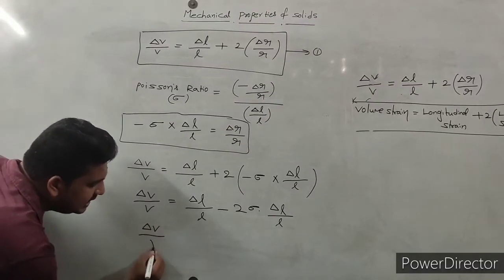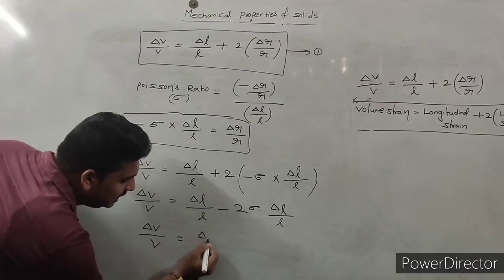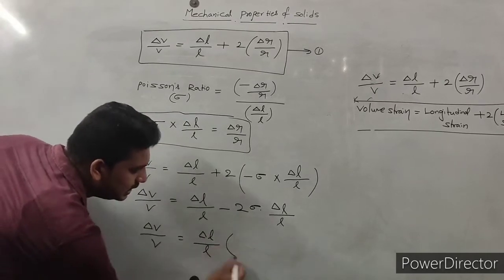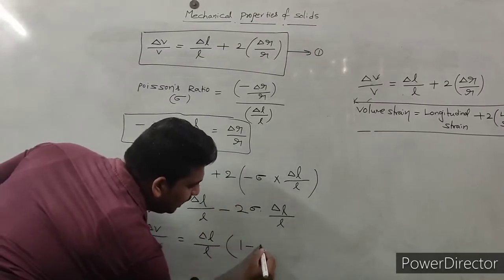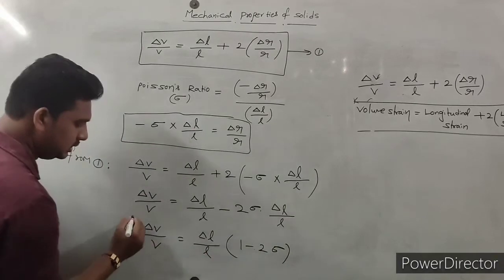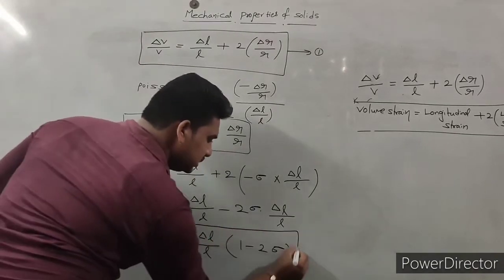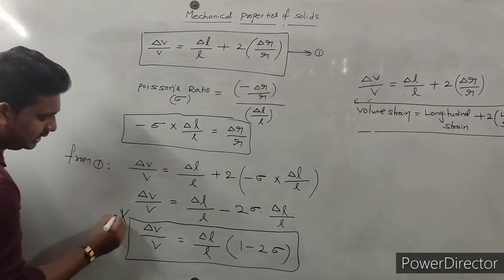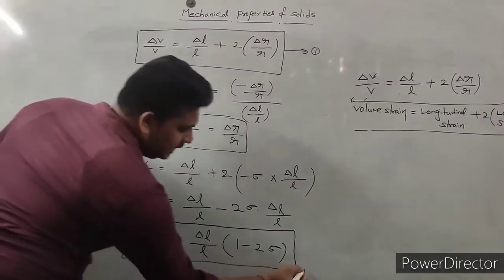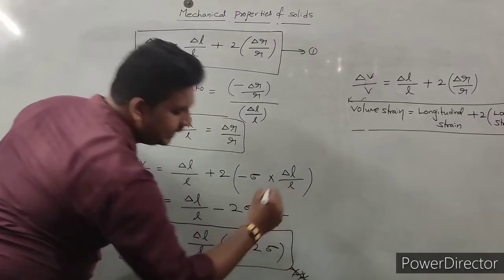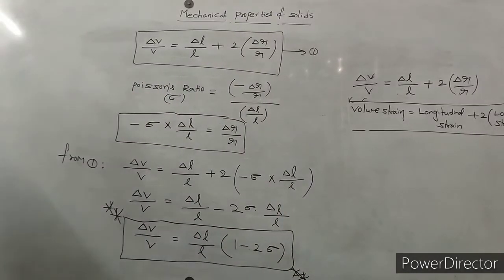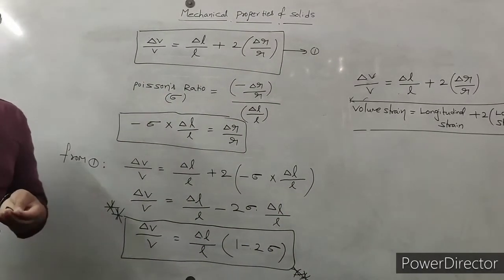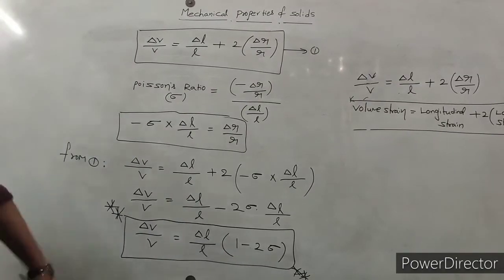Delta V by V is equal to, if you take delta L by L common here, what we got here? 1 minus 2 sigma. This relation is very, very important. This relation is useful to solve numericals. Observe carefully what I got finally here.